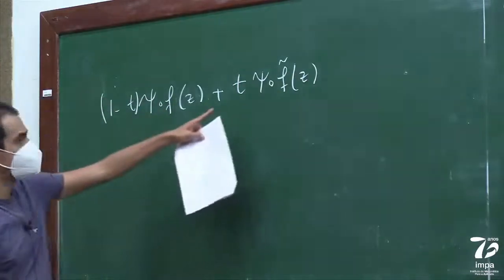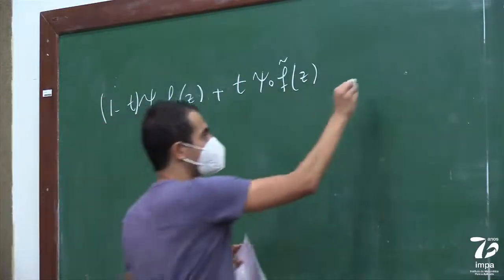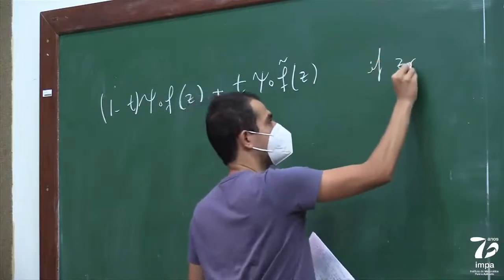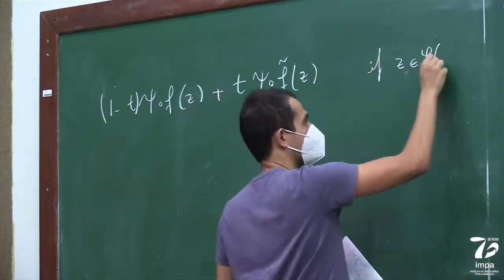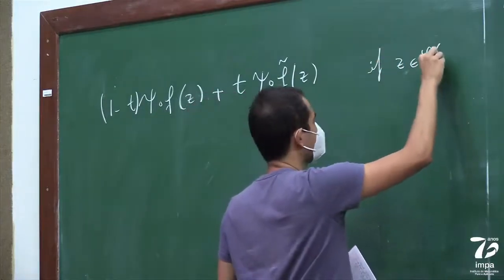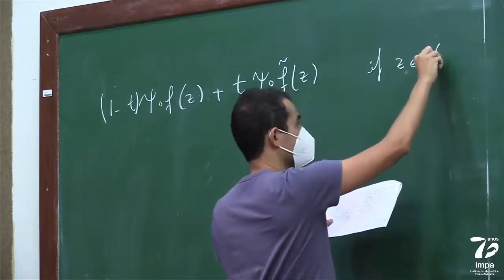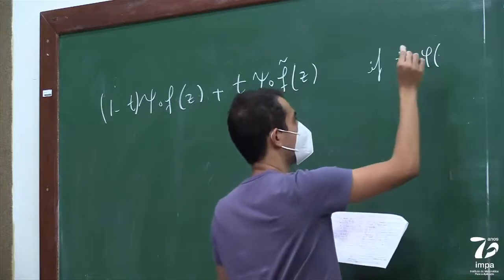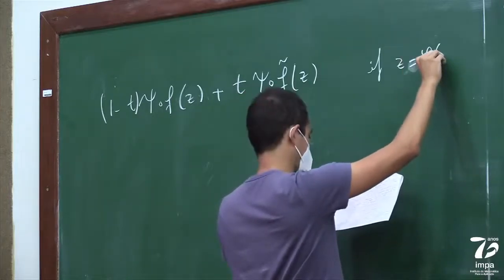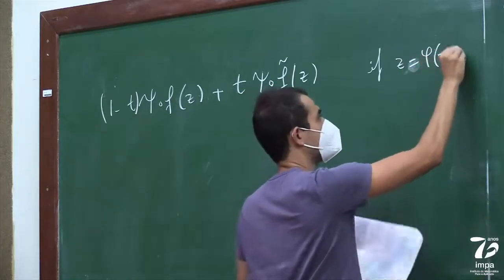So I can do this thing. This is if z is in the cylinder, in this phi of, if z is equal to x of xu.